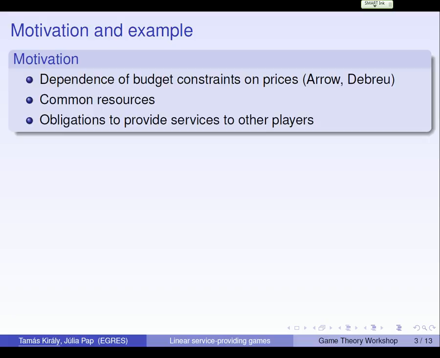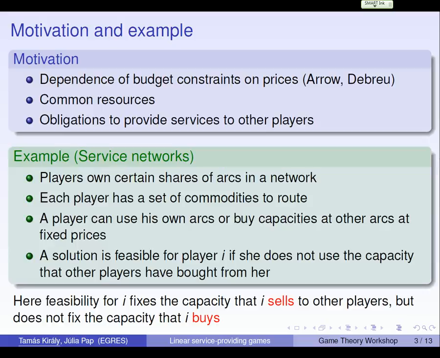And it's also good to model common resources, or what we will actually talk about is when some player has an obligation to provide a service for other players. And then the feasible strategies of this player depend on whether the other player actually requires this service or not. So here is an example which maybe makes it easier to understand.